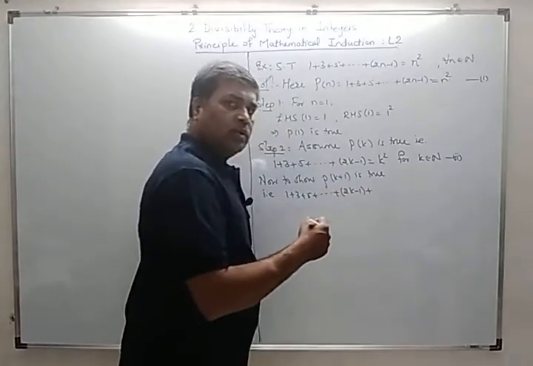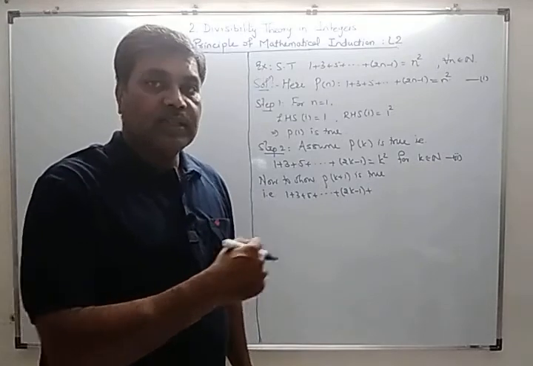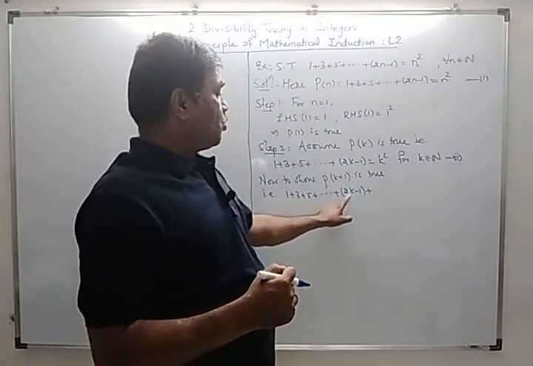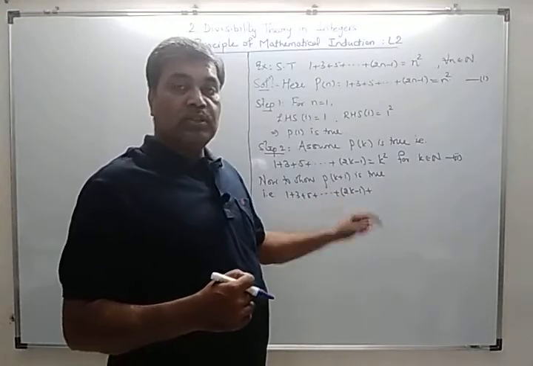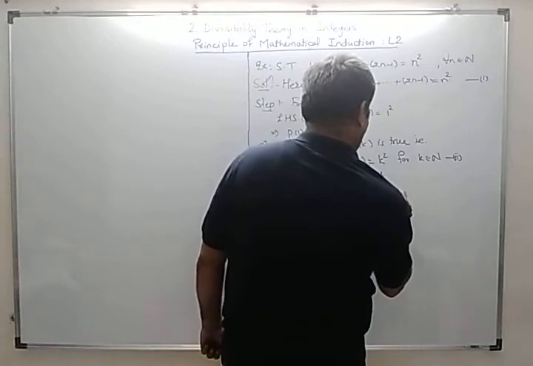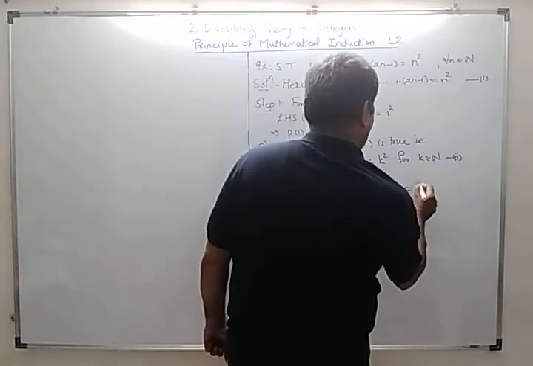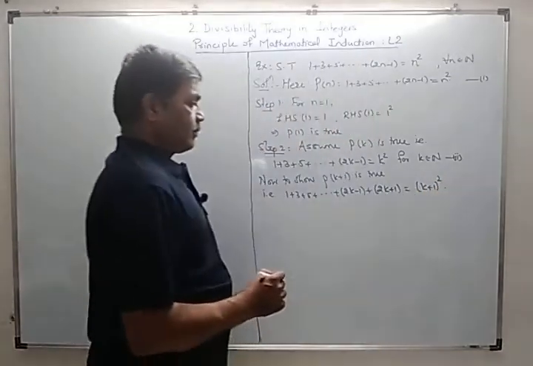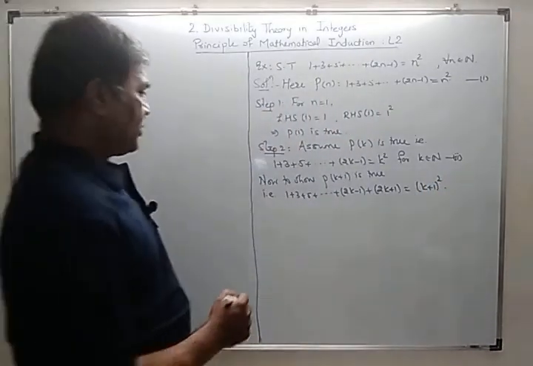By adding 2 to the previous odd number, we will get the next odd number. 1 plus 2 gives us 3, 3 plus 2 gives us 5, 2k minus 1 plus 2 gives us 2k plus 1, equal to k plus 1 bracket square. This is our aim. Okay.